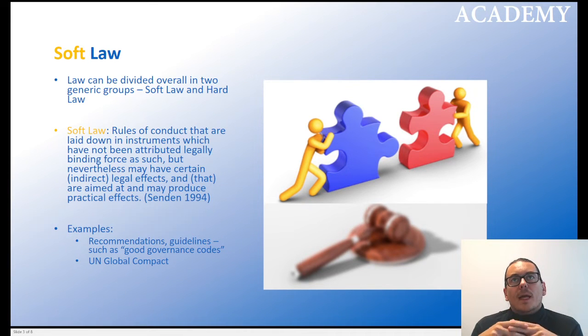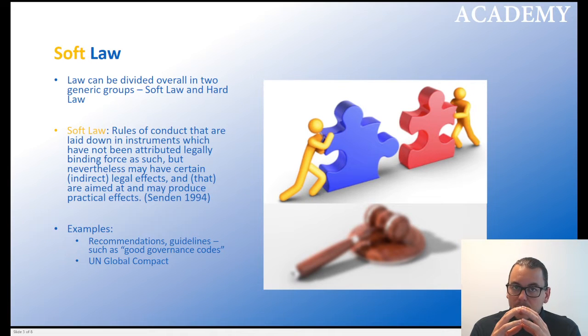Examples of soft law are certain recommendations and guidelines. We have good governance codes that have evolved over time, the last few decades at least. These codes give some guidelines and recommendations on how you should have a diverse management, how you should divide management and ownership, and different types of recommendations just to have a good governance structure.